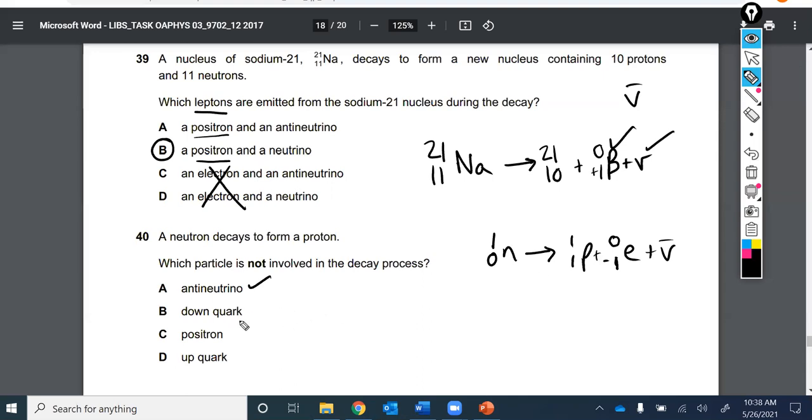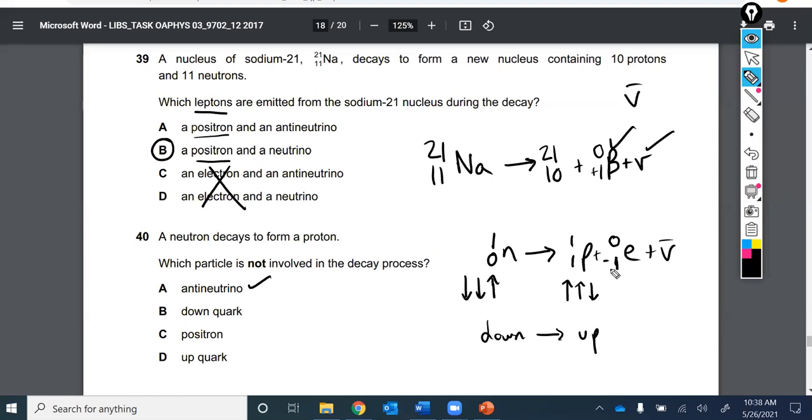Quarks are the fundamental particles that do interact via the strong nuclear force. They are hadrons. So I'll write them out. You have an up and two downs for a neutron, but a proton is two ups and a down. What changed is that one of these downs flipped to an up.